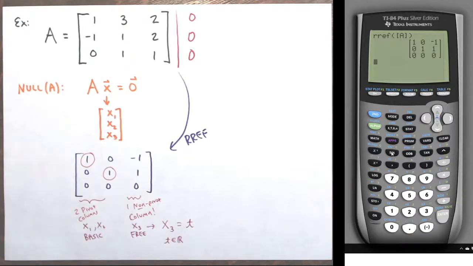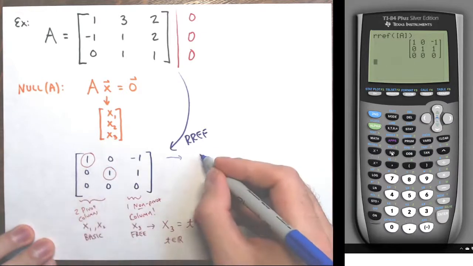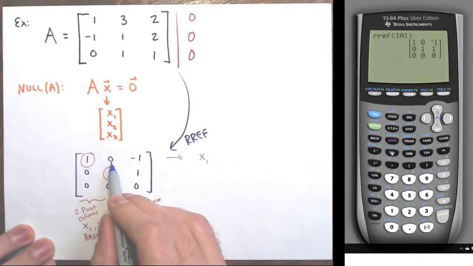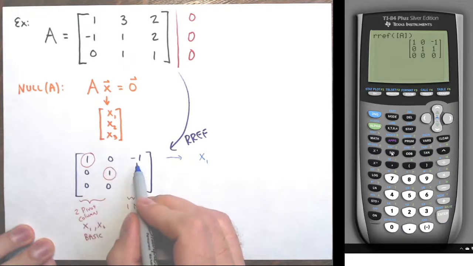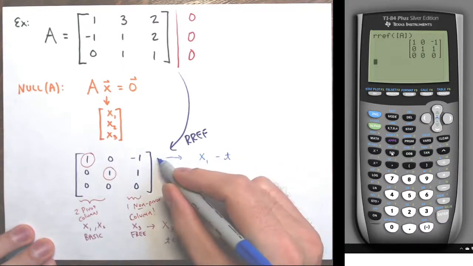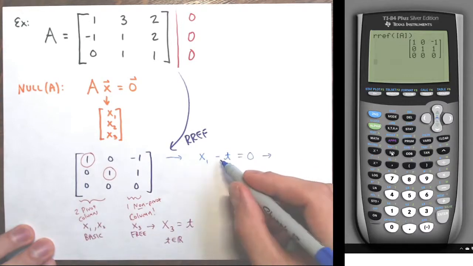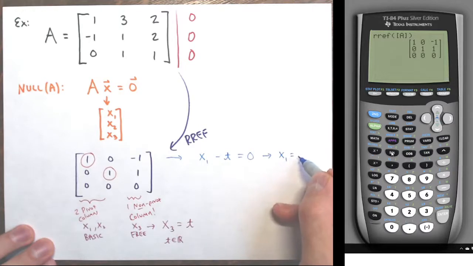So that's where these rows come in. The first row tells me that x1, plus no x2, and then minus x3. So minus this t, and again, imagine the equals 0 on the other side. So solving for x1, x1 would simply be t.